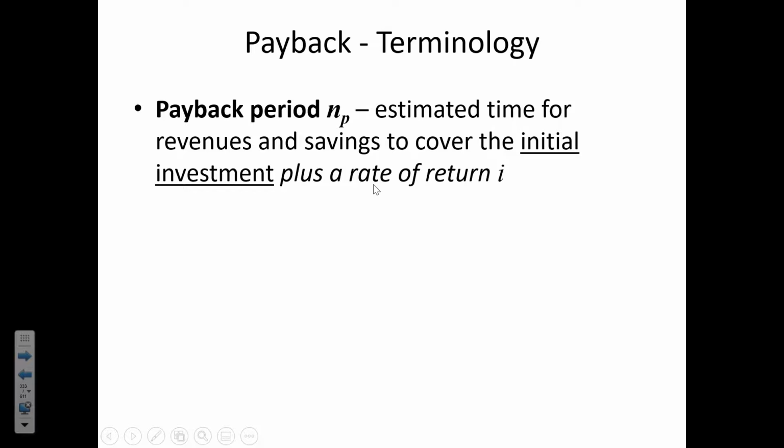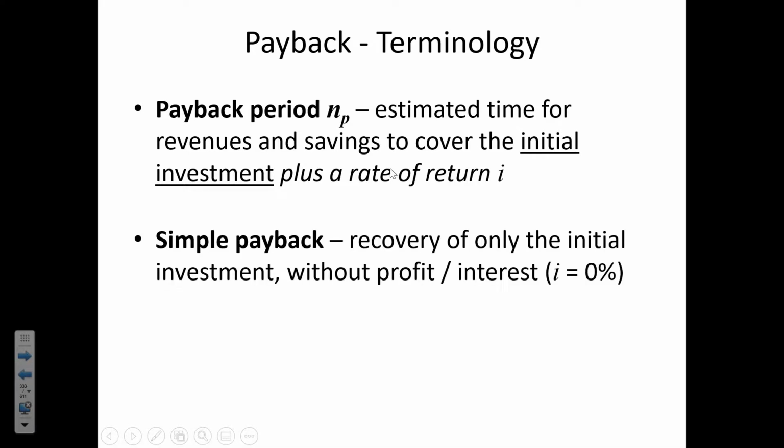When you're reducing expenditures, for example, if you're purchasing insulation for a building, and that saves money that was going to be used for heating the building, then that is considered as revenue that justifies the purchase of the insulation. So if you're going to do a payback analysis on fuel efficiency savings, then it's the initial purchase price versus the savings over time that you're trying to find the balance point for. How many years of operation does it take?